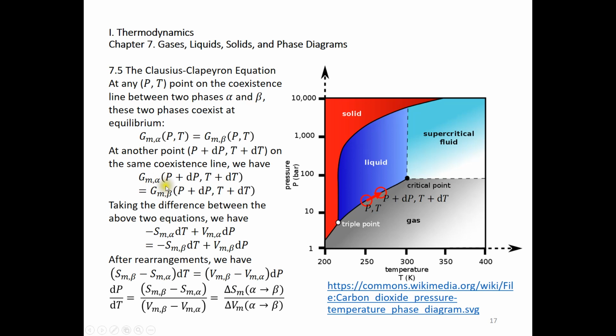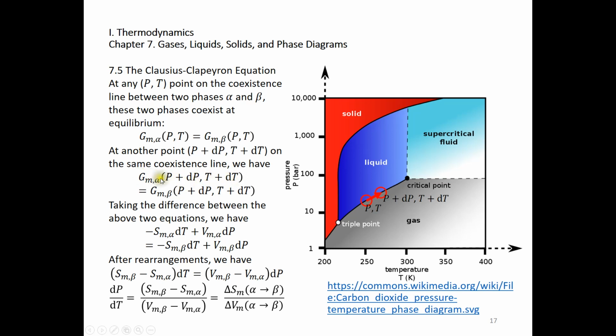Now we'll take the difference between these two equations. The left hand side minus the left hand side, the right hand side minus the right hand side. This minus this is the change of the molar Gibbs energy of the alpha phase when the pressure and temperature are slightly changed to P plus dP and T plus dT.